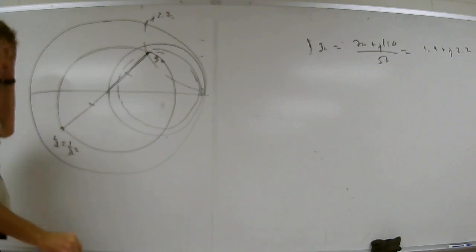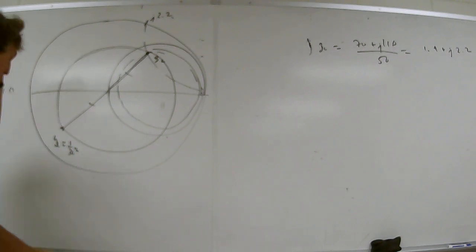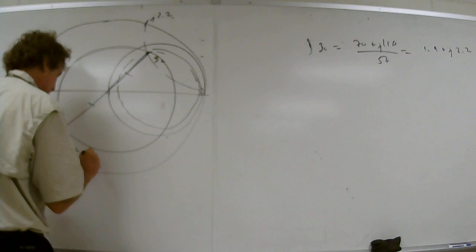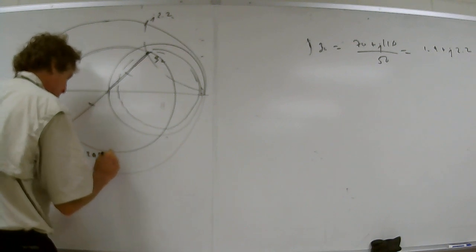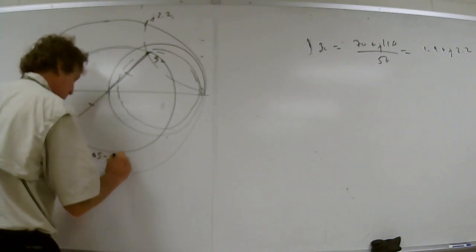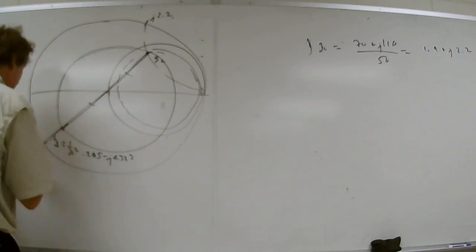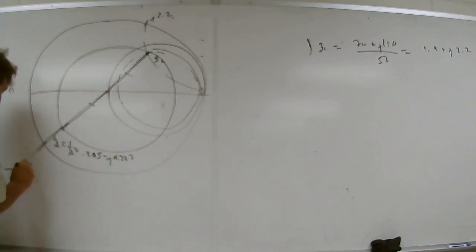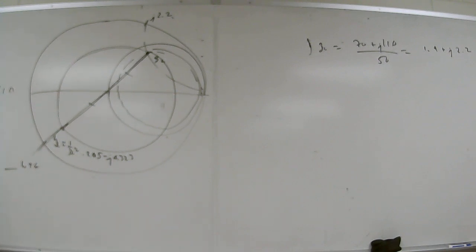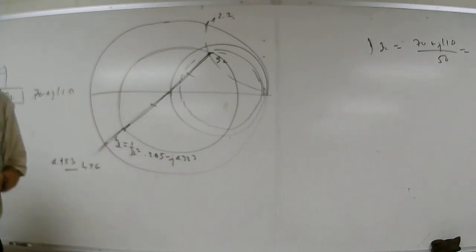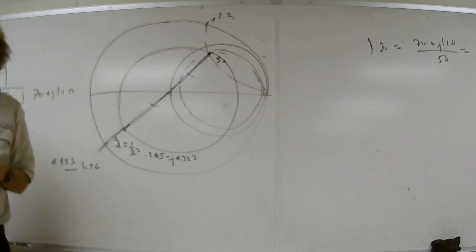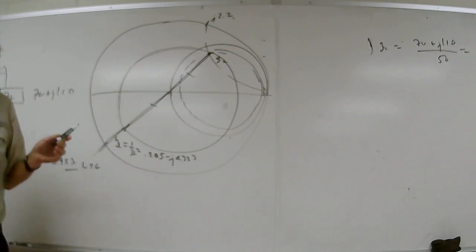And what is that? 0.205 minus j0.323. And you're going to have to draw a line right through there and give me the wavelengths towards generator, the mile marker, as I call it. 0.45 lambda.